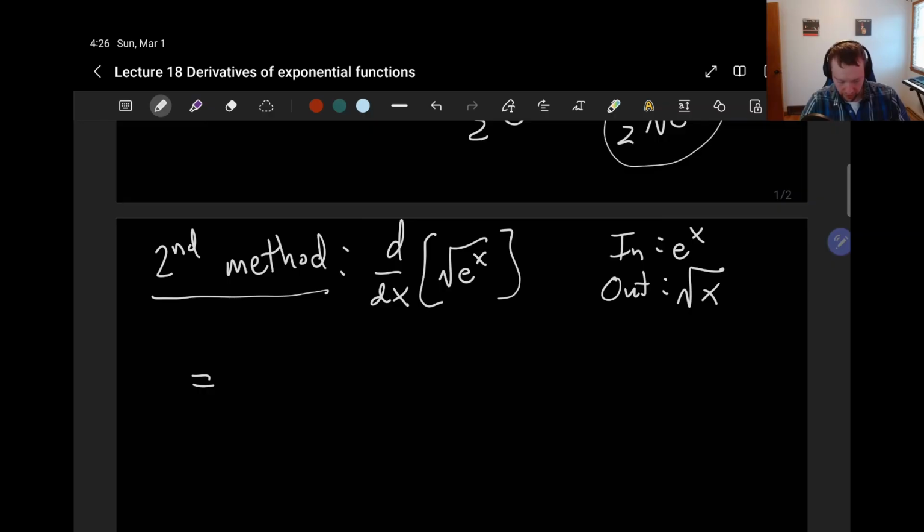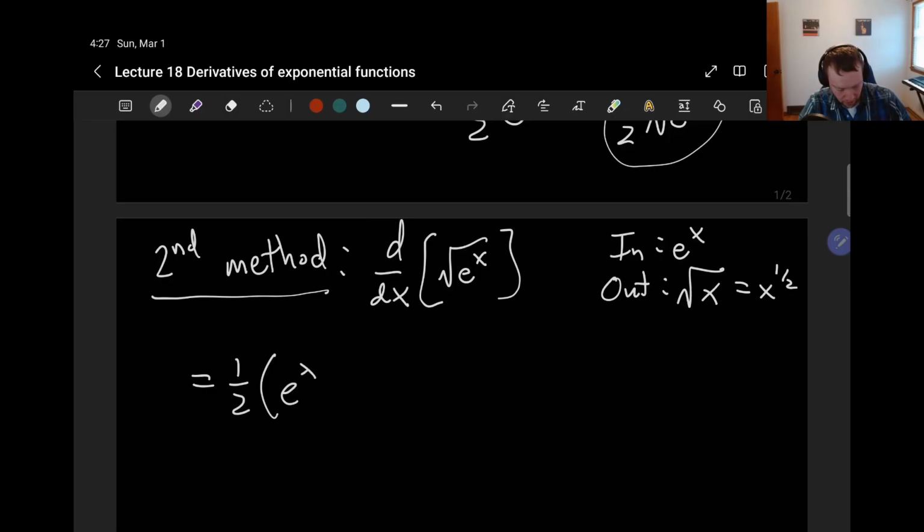So derivative of the outside. Well, remember that I can rewrite this as x to the 1/2. But again, we do have a different input here. It's not just x, but the input is e to the x. We just string that e to the x along for now. But I will do a power rule bringing the 1/2 down.